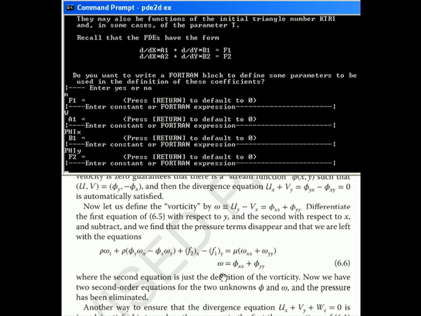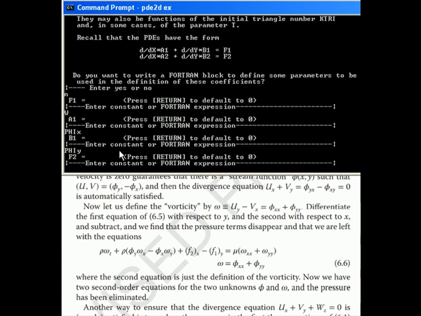Now the next equation: A2 would just be mu times Wx, and B2 will be mu times Wy, and F will be everything on the left-hand side. Well, this term is 0 because it's steady state, but everything else here.